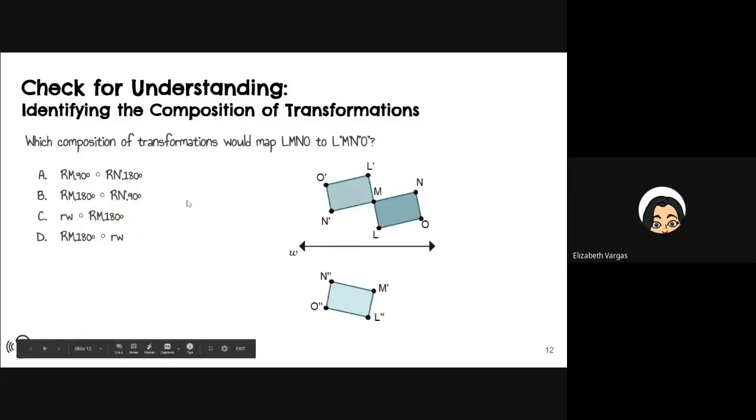Remember, we go from the rightmost transformation to the leftmost. So which of these do you think would represent the composition of this diagram? I'll give you a second to look at the answer choices and think about it. What do you guys think?